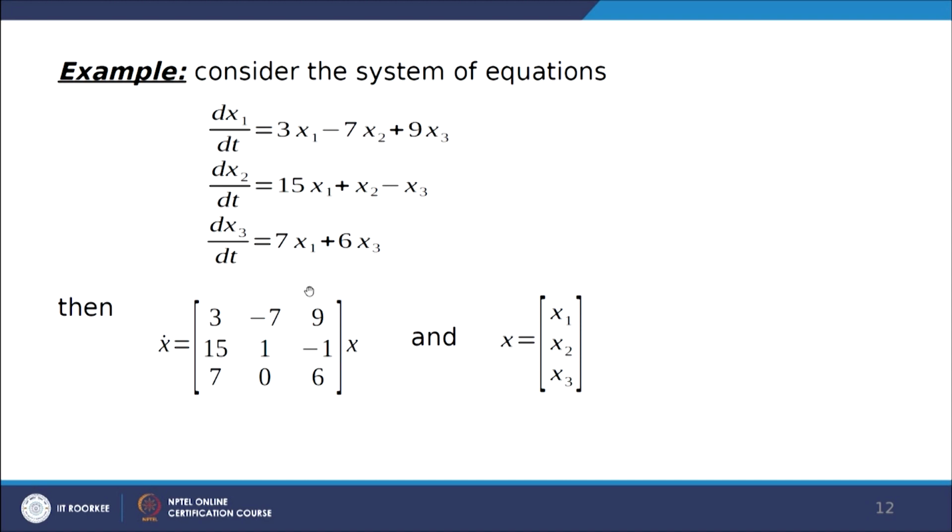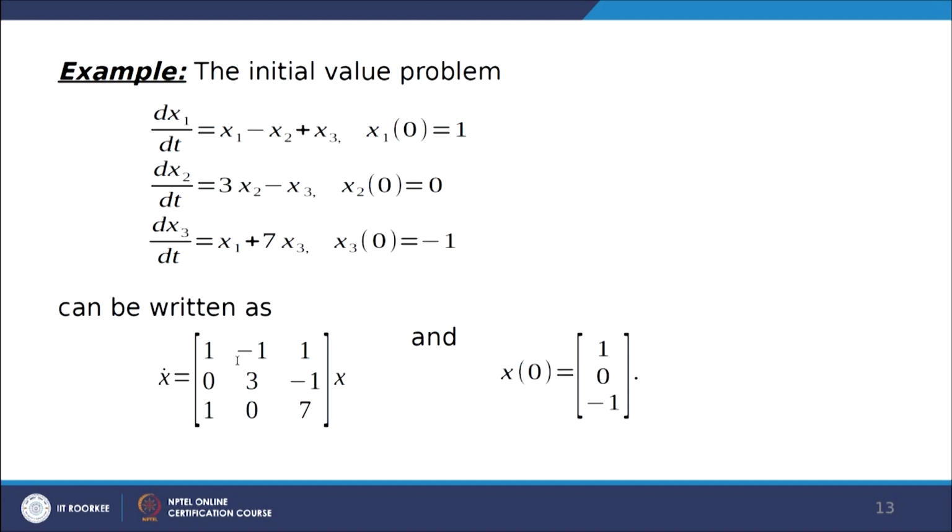If you multiply this matrix A by the vector x, you get the right hand side, and the left hand side is x dot, which is dx1 by dt, dx2 by dt, dx3 by dt. So, this system of 3 equations is a homogeneous system of linear differential equations of first order. This can be expressed in the concise form x dot equal to Ax, where A is this 3 by 3 matrix.